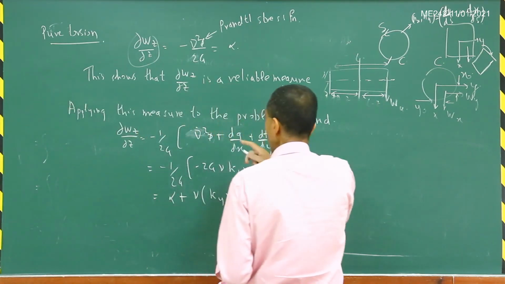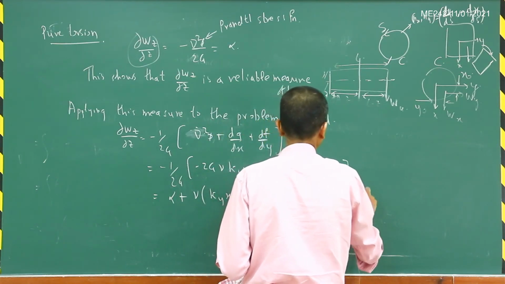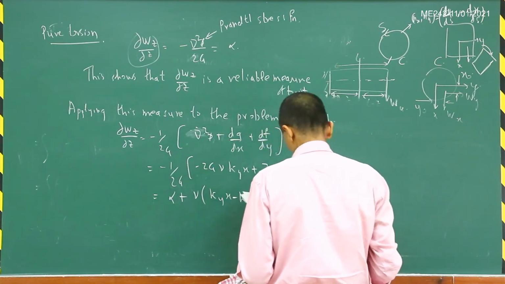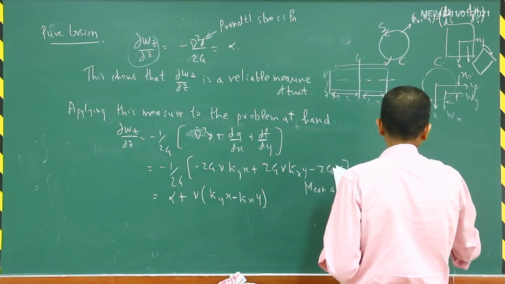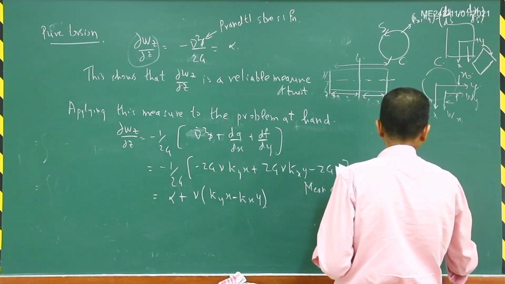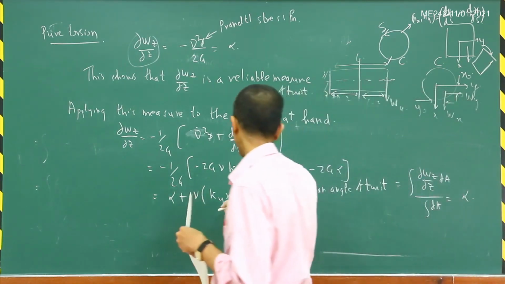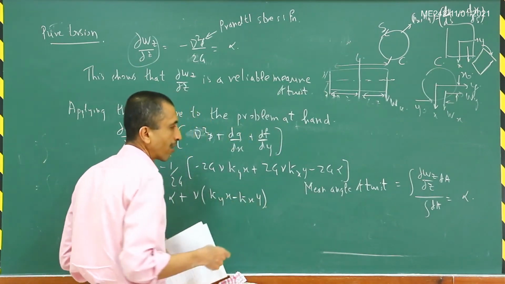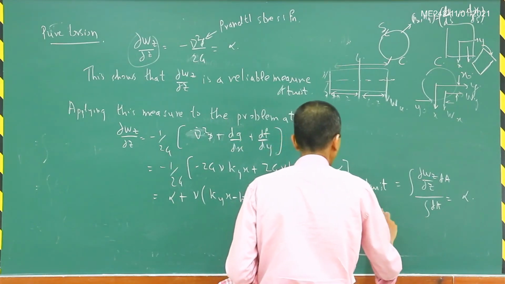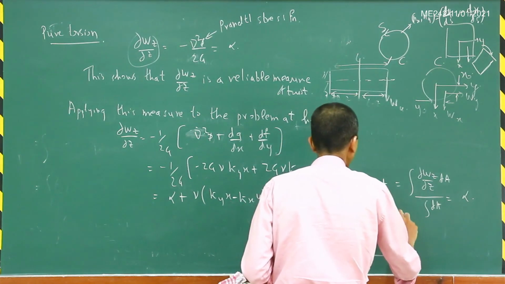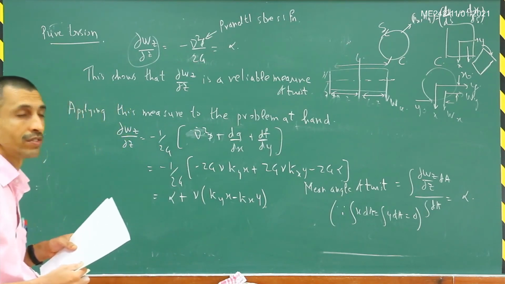Now you can see that the mean angle of twist is equal to the integral of del omega z by del z times dA over the integral of dA, which will be equal to alpha, because the integral of x dA and the integral of y dA are equal to 0, since the z axis is the line of centroids here.